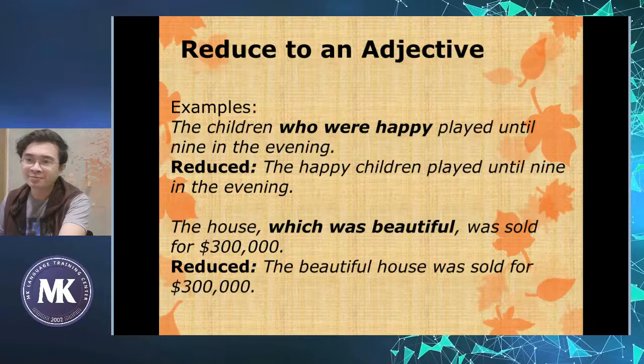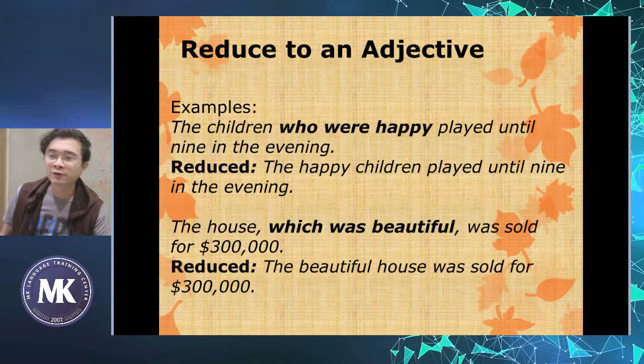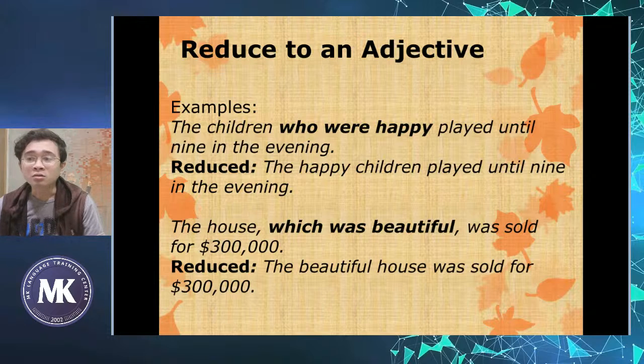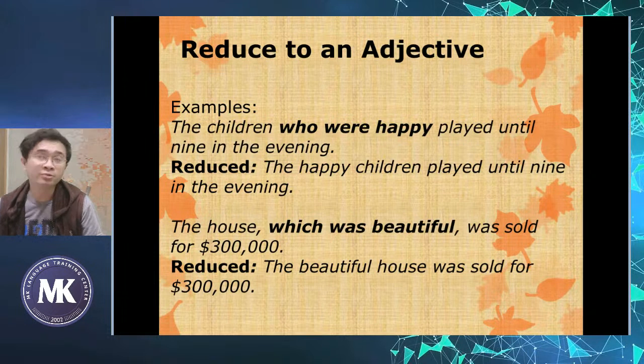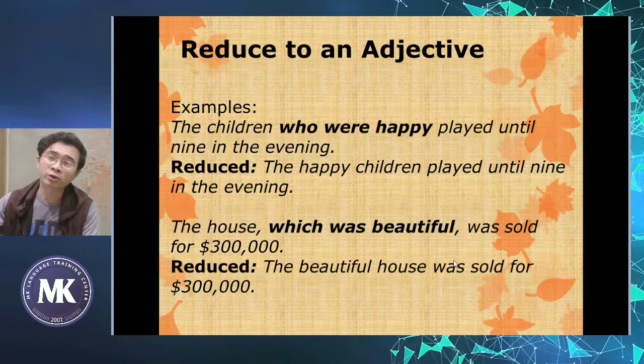For example, here we have the children who were happy played until 9 in the evening. So if you notice here, our relative clause is who were happy, right? And our relative pronoun is who. We have the be verb here, were, and then we have adjective happy. So in our previous procedure, we need to remove first our who in our sentence.